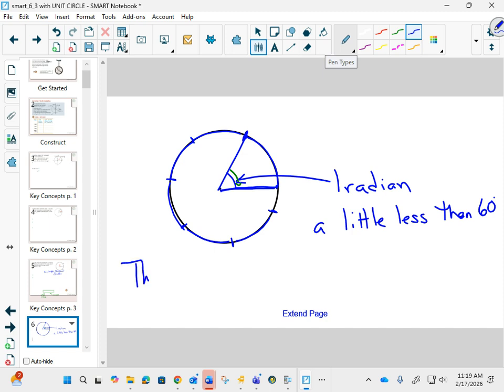There are 6 and a little bit radians in a whole circle. Again, I hope you feel a little bit like this is not very accurate right now. But if I actually measured strings around, I would get 6 and a bit.